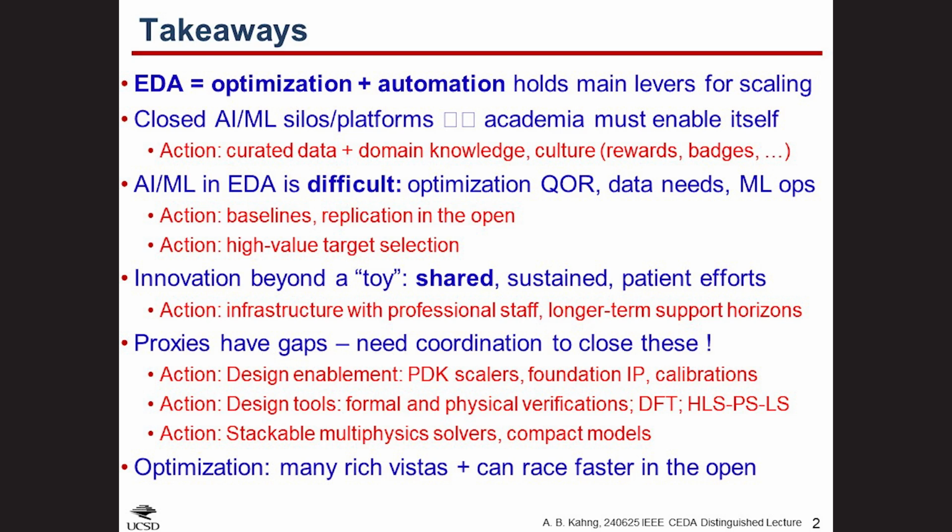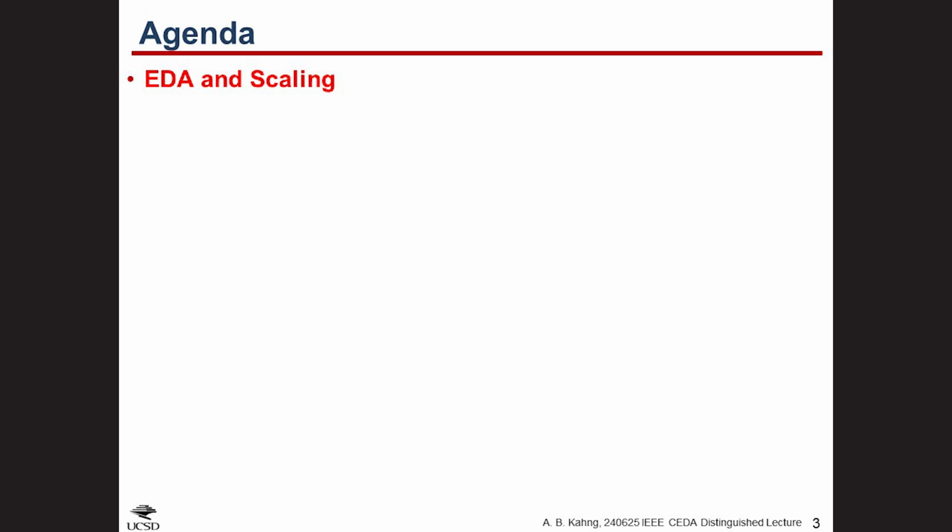AI and ML in EDA, it's difficult. Quality of optimization is hard. Gen AI and deep RL need a lot of data, much more so than Bayesian methods or decision trees. We need targets to aim for, and so on. Innovation that has lasting impact demands shared and very patient effort and sustenance.